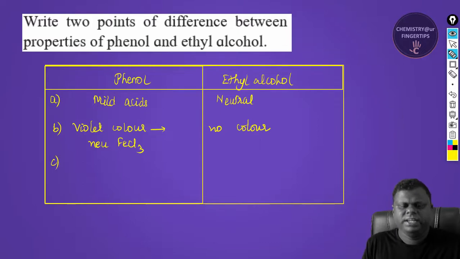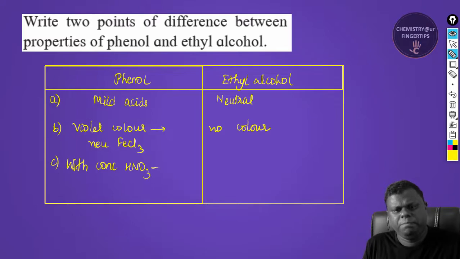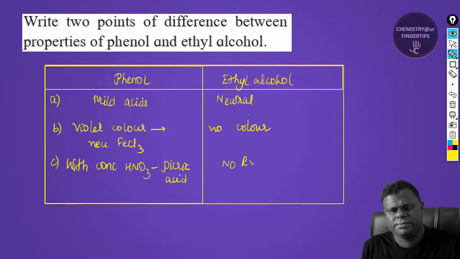Then the next one is phenol on treatment with concentrated HNO3 gives picric acid, a yellow precipitate of picric acid, and here basically no reaction, no color, no precipitate.